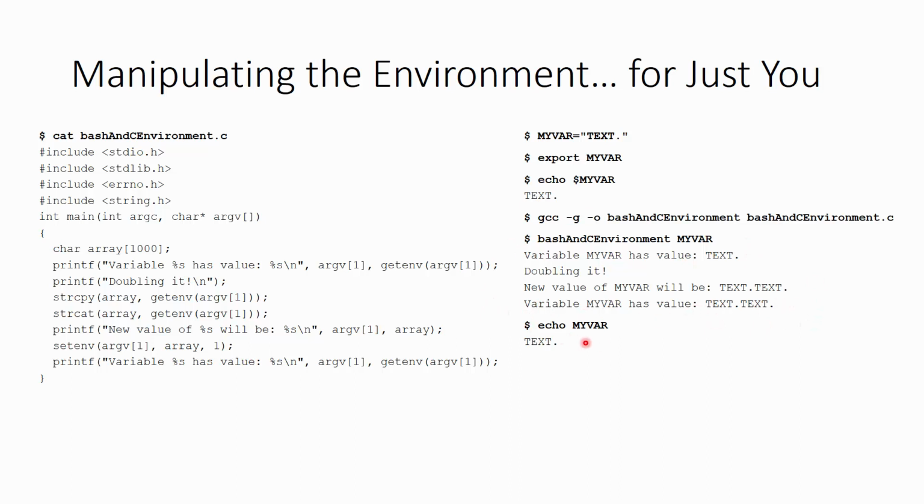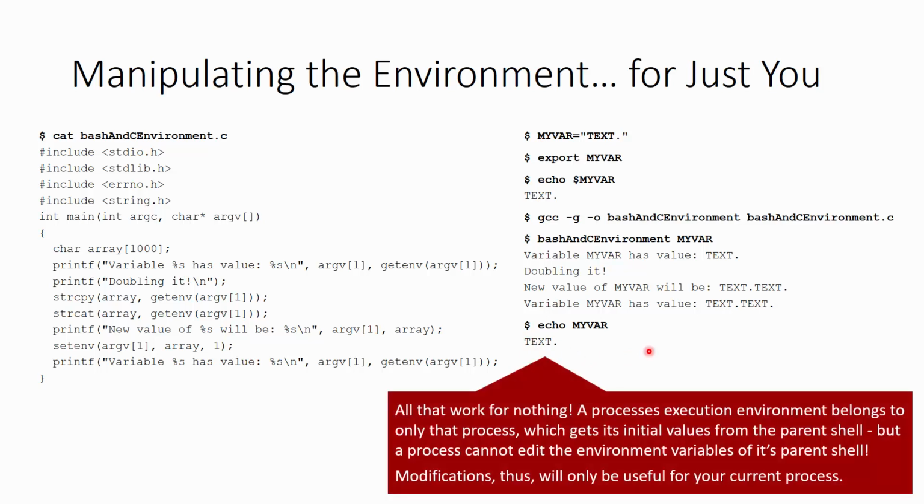When we then echo back out myvar, note that it's just text dot, not text dot text dot, even though we know that we wrote and then retrieved from that variable, the actual echo myvar doesn't have the doubled value. So all that work for nothing. What happens here is that the process execution environment belongs to only that process, and it gets its initial values from the parent shell, which is why myvar had data in the first place.